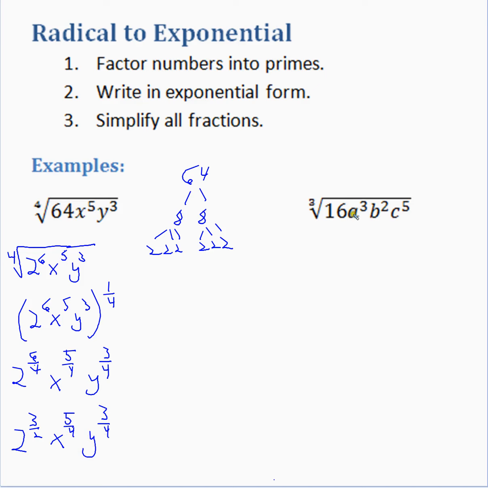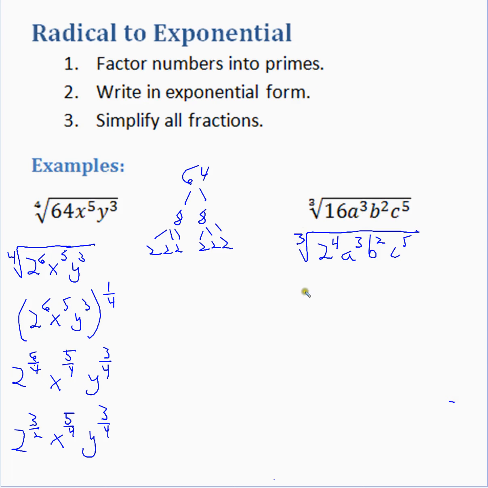Next one. Now I'm going to look at this one a little bit differently. I'm still going to do my primes. 16, if you think through that, you could make a factor tree, but that is 2 to the 4th. So we're writing it as primes. And instead of going one step, two step, like we wrote it as the whole thing to the 1/4 and then used this 1/4 with each of the exponents, I'm going to go ahead and right away realize this is a 1/3.